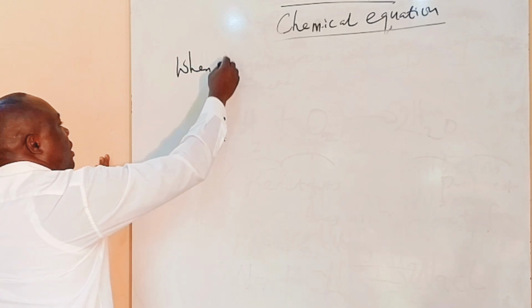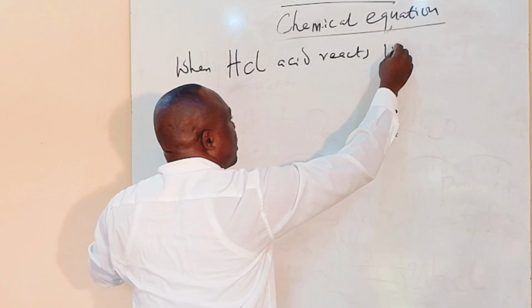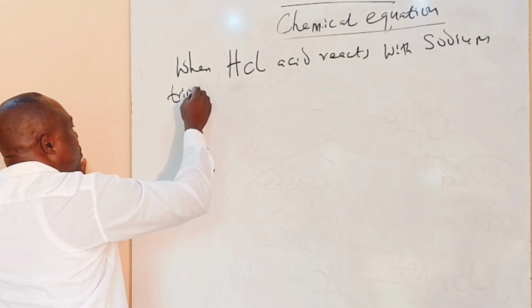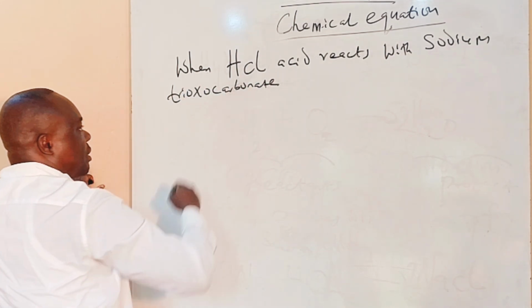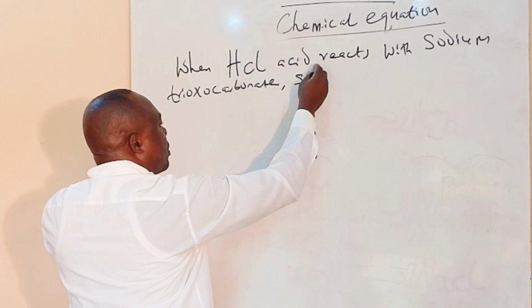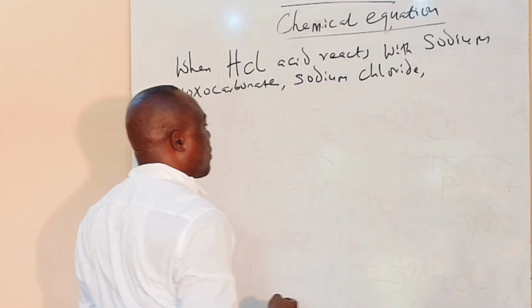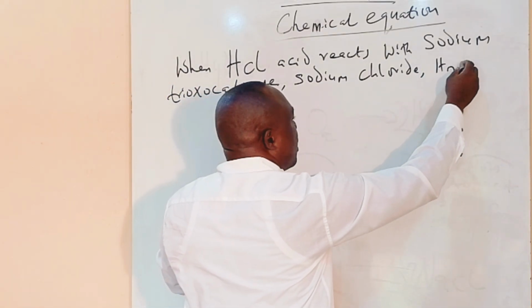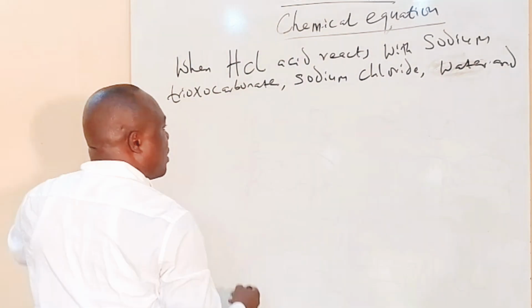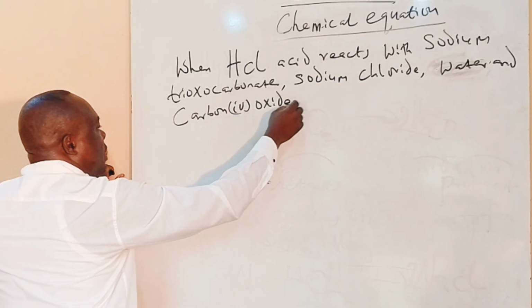When hydrochloric acid reacts with sodium trioxocarbonate, sodium chloride, water, and carbon 4 oxide are formed.